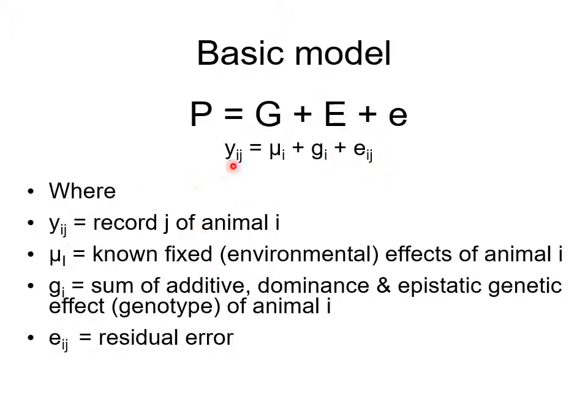So this is basically then the record J of animal I, and like I said, this would be the known fixed effects or environmental effects that will have an effect on the variation in performance of the animals, plus then the combined effect, genetic effect, or the genome of each animal. So obviously we know that this variation can be caused by additive genes or additive genetic effects, dominance, and epistatic effects of animal I.